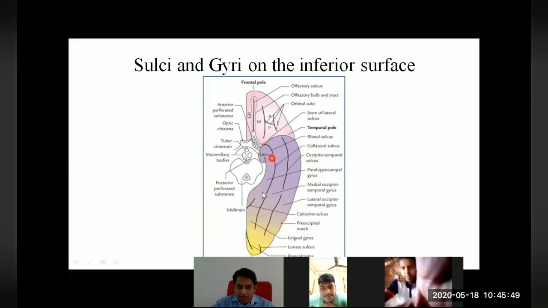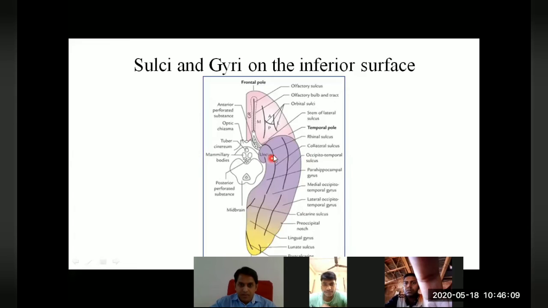This is called the collateral sulcus. It is running parallel to the hippocampus, so it is called a collateral sulcus. Let me tell you, the collateral sulcus is again the one which produces an indentation in the lateral ventricle. So where will you put this sulcus?